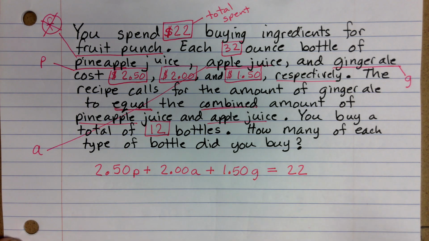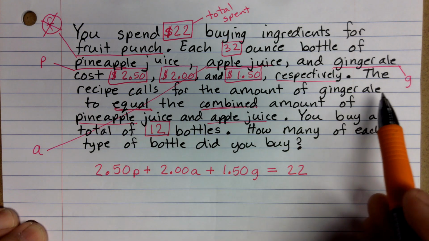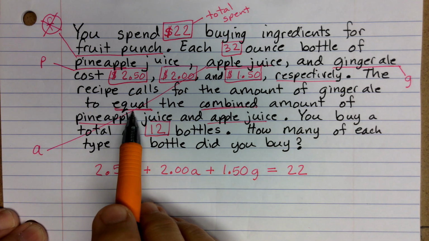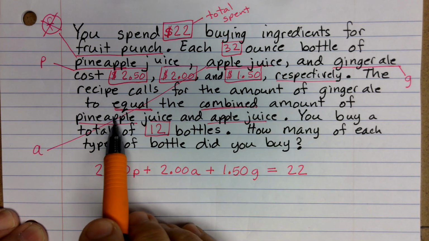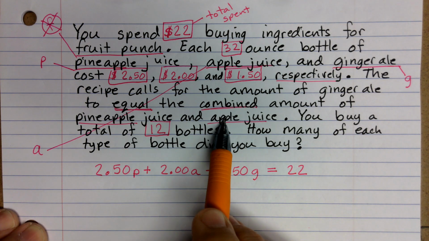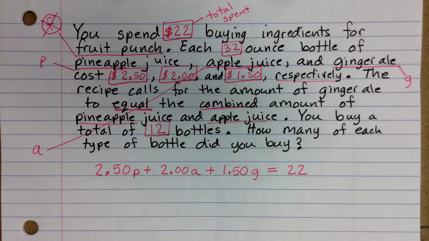Now I'm going to go ahead and create the next equation. The next thing that I saw in here is it told us that the recipe calls for the amount of ginger ale to equal the combined amount of pineapple juice and apple juice. So when it says combined pineapple and apple, we're going to add those two together. And they're all equal to the ginger ale.